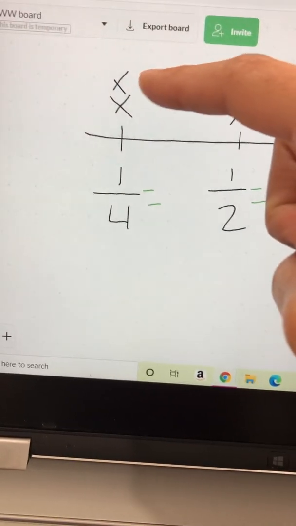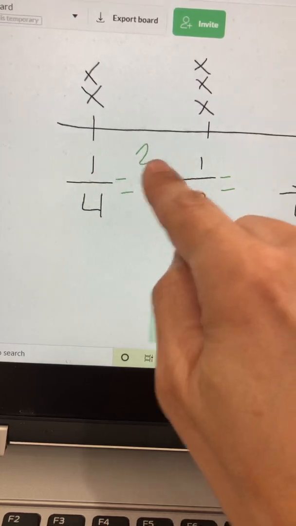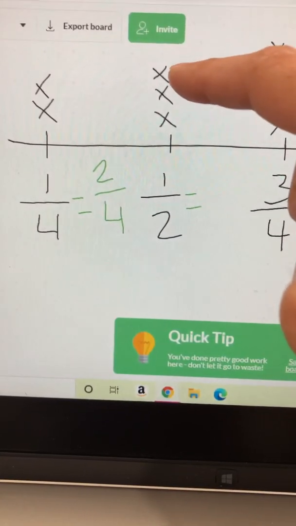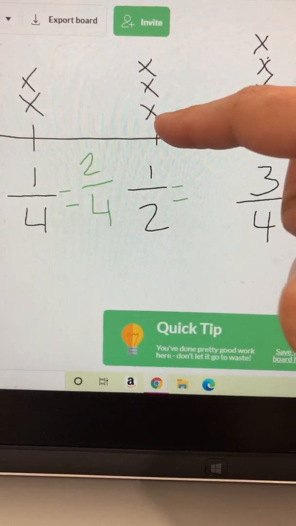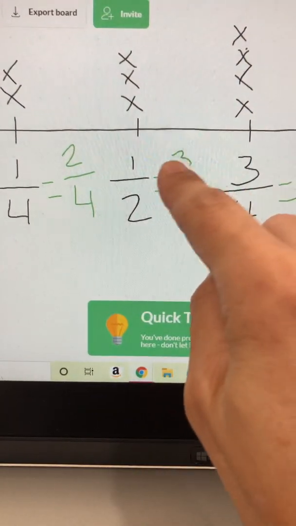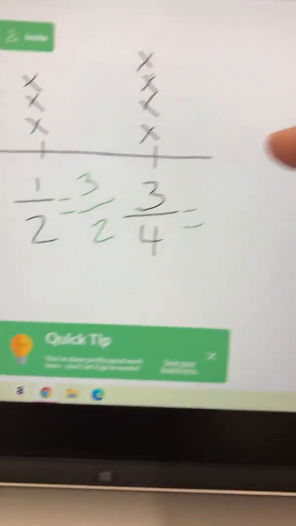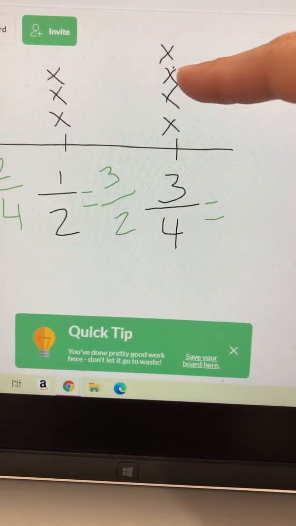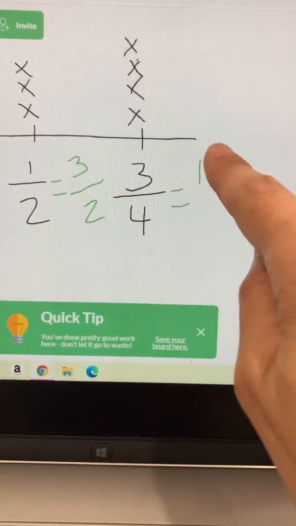So 1/4 plus 1/4 is 2/4, which is also equal to 1/2. Here we have 1/2 plus 1/2 plus 1/2 is going to equal 3/2, which is an improper fraction, and then we'll flip it after. And then here we have 3/4 plus 3/4 plus 3/4 plus 3/4, which is 12/4.